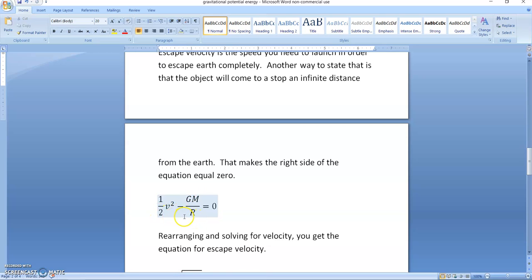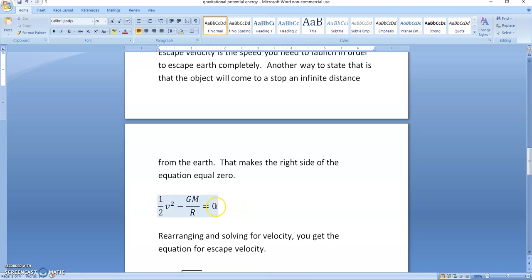Notice the m's, the lowercase m's cancel out, and I drop them from the equation, equals final 1/2 mv squared, but v is 0, minus final GMm over r, but since r is infinity, that's 0 too. The right-hand side reduces to 0. And now, this velocity value, when I solve for it, will be the velocity needed to attain that 0. In other words, to escape the Earth completely, or what we call escape velocity.